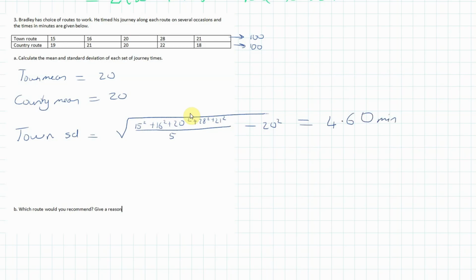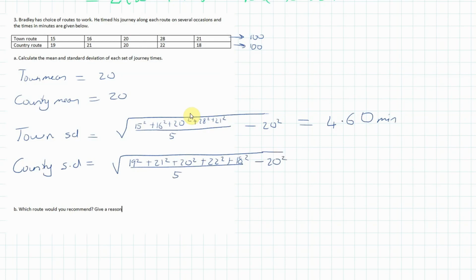Yep. Now let's look at the country standard deviation. Remember, this is spread we're talking about. How spread out is the data. So what are we going to do here? Exactly the same thing, but just use the country data. So 19 squared plus 21 squared plus 20 squared plus 22 squared plus 18 squared all over 5. Subtract, and again the mean was the same, so subtract 20 squared. Now what does this give us?